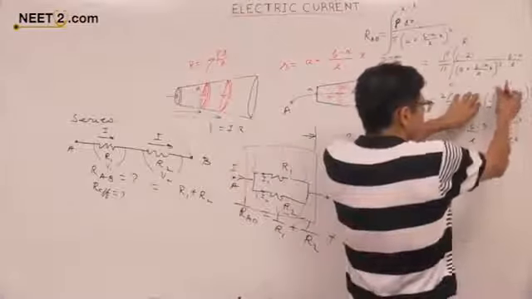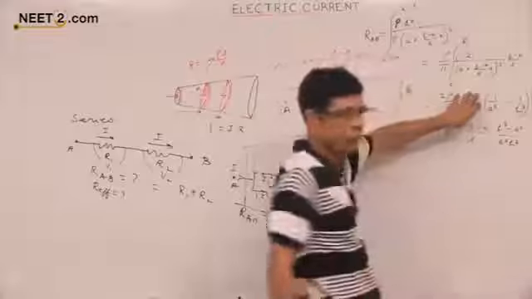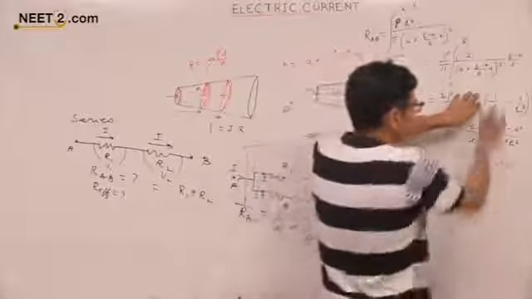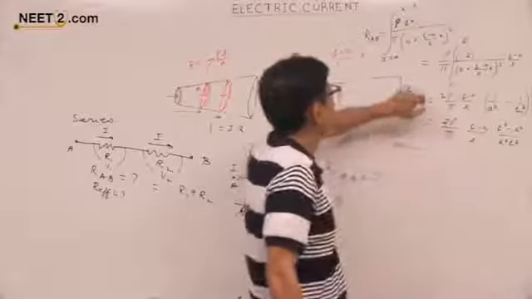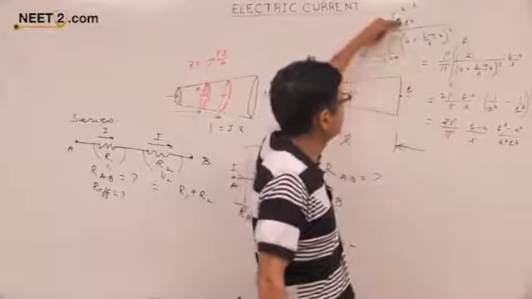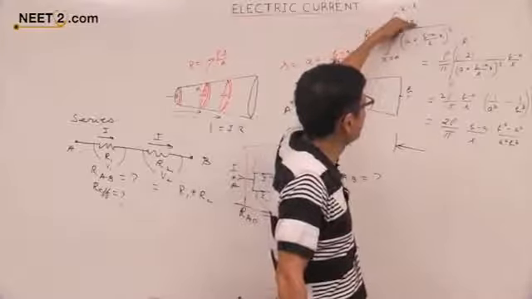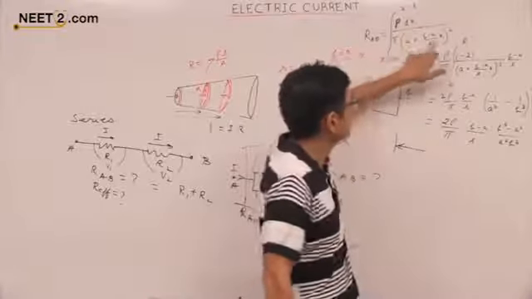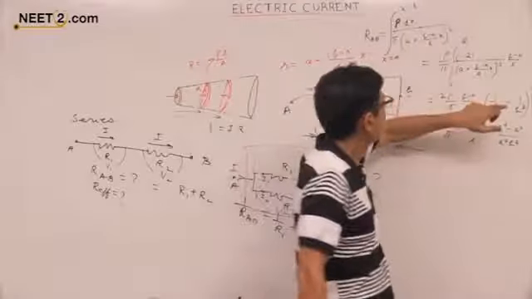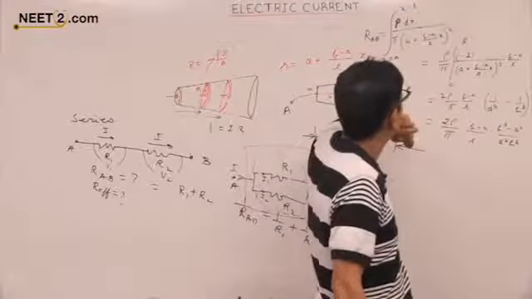This is definitely not L by A. L by A is supposed to be 1 upon length, and this is 1 upon length cube. So already there is some problem here. Now if we see, this is of the structure rho, this is L, and this is like A. Length is square. So this is fine. Oh.